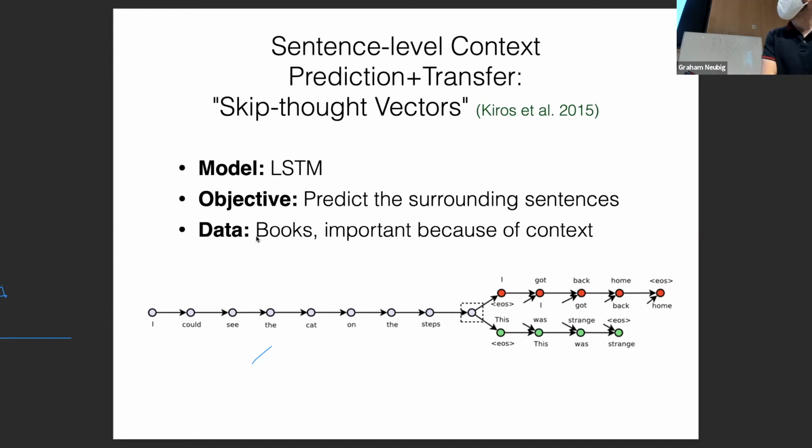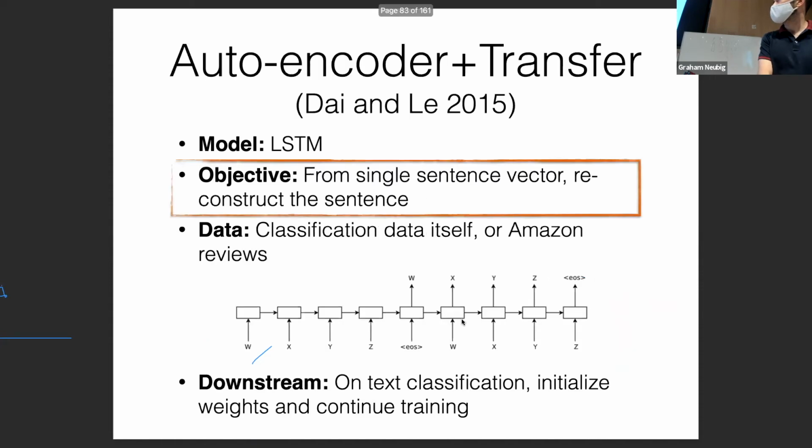The idea is you have an LSTM, you encode the sentence, and instead of re-encoding your current sentence, you try to encode the surrounding sentences. You still suffer the same kind of issue of this being an autoencoder, but in order to encode the surrounding sentences, it becomes a less trivial task than repredicting the first word that you've already seen.